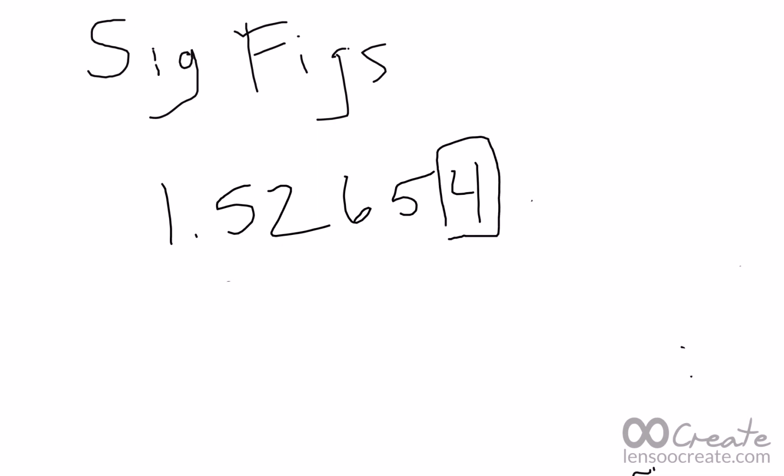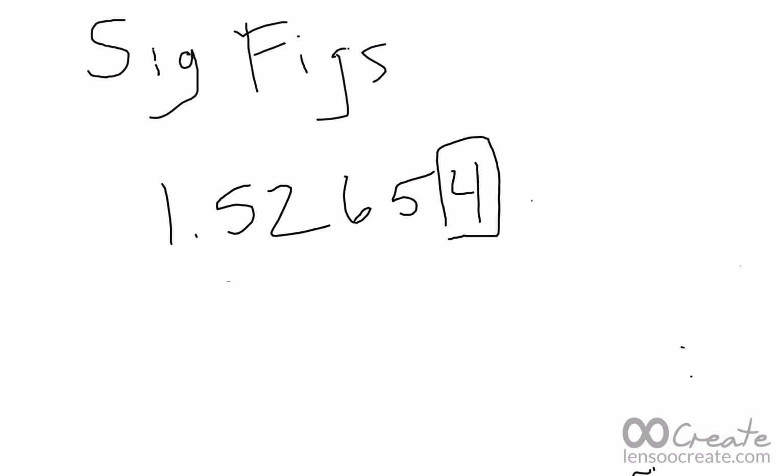So let's say they have things like analytical balances. Let's say that I get a balance and I say it's 1.52, and this time when I read my digital display on the balance, it says 654. So now my level of uncertainty is right here, with the 4.